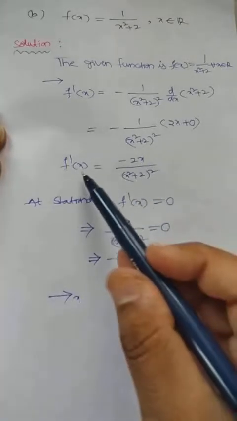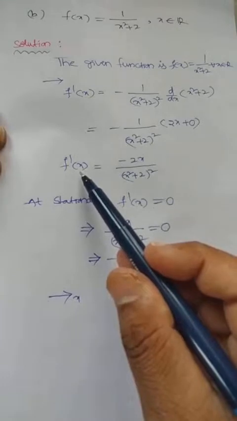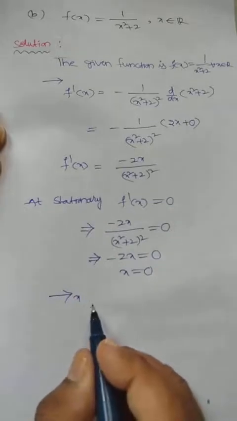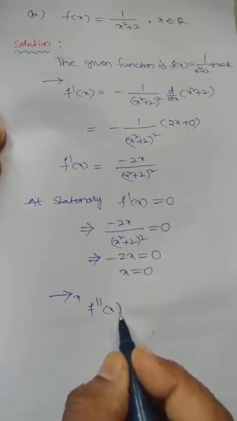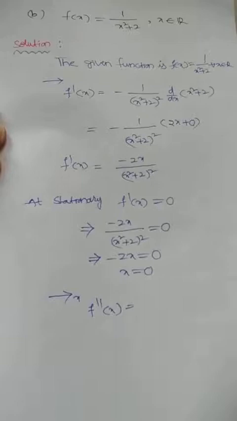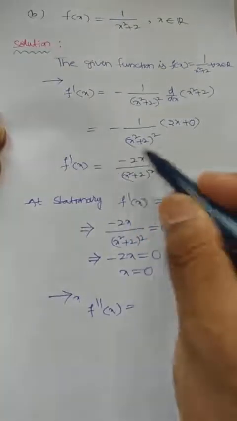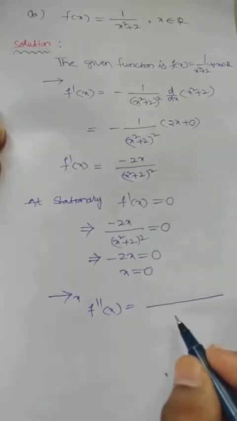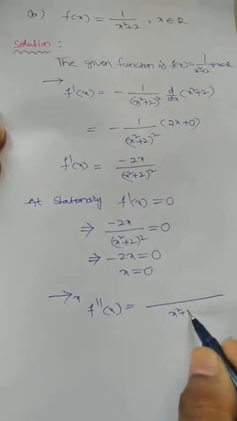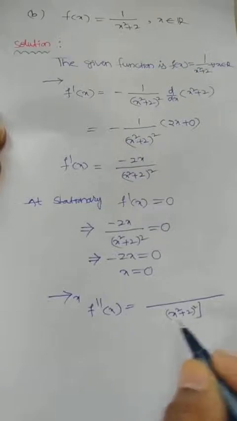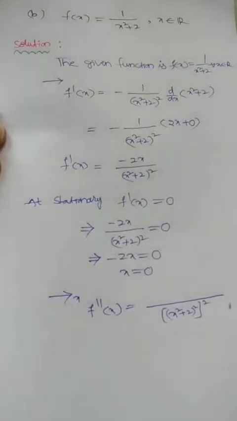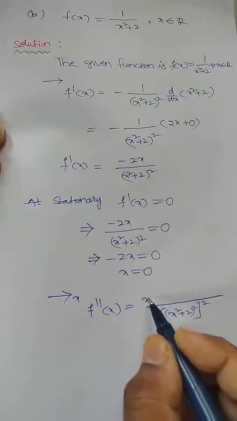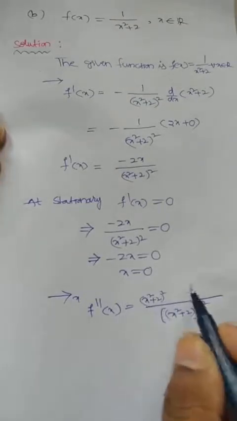So now we are finding the second derivative. I am differentiating this function with respect to x on both sides. So I would get f double dash of x now. It is in the u by v form. So x square plus 2 whole square, again its square. Okay, this is v square. So v remains the same first in the numerator, whole square it is.